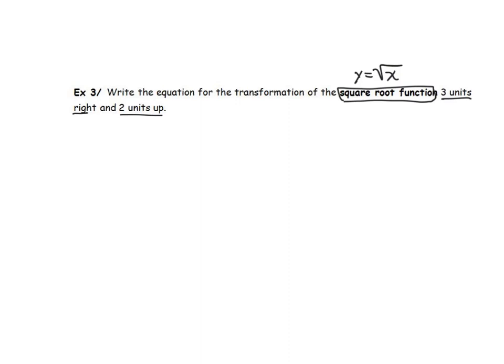So I'm going to say y equals the square root of x, and I'm going to leave some space under my square root symbol. Inside my square root symbol should be my left or right shift.